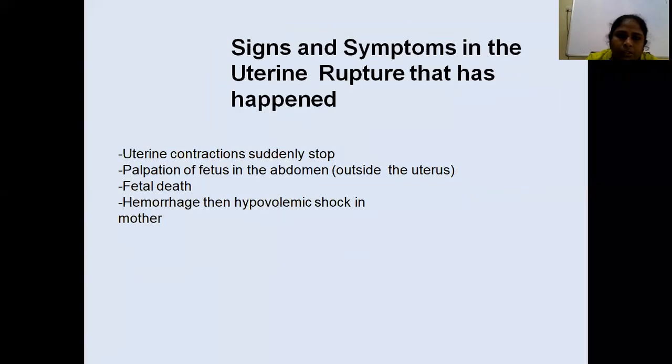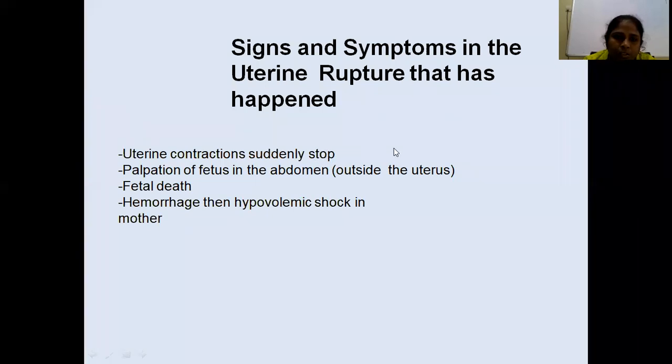This is when rupture has occurred. Here the patient will have no pain because the uterus has given way, it has broken now. So how you can diagnose rupture is the patient will be having continuous pains from one day to the next day, and suddenly the pains will stop. That is a big indication of a uterine rupture.